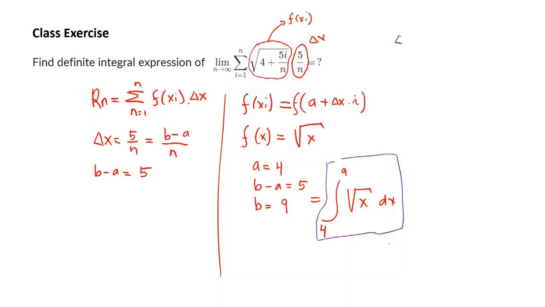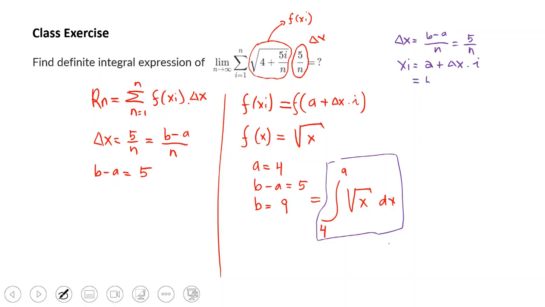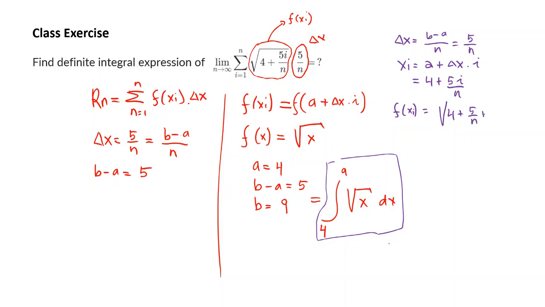We have delta x equal to b minus a over n, so 5 over n, and xi equal to a plus delta x times i, which is 4 plus 5i over n. Then f xi equals the square root of 4 plus 5 over n times i.